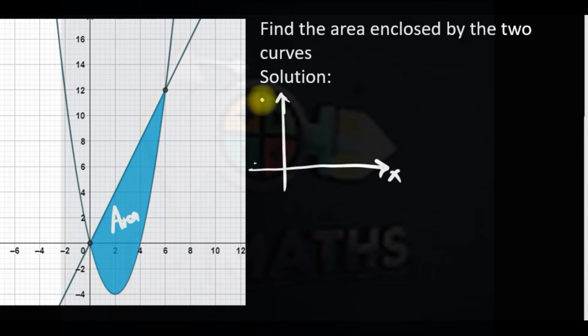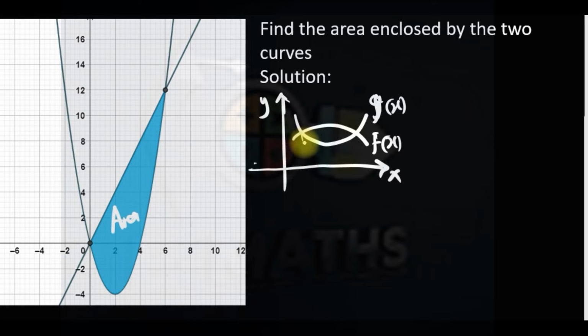On the xy-plane, you have the first curve maybe up, the other one down. So let's call this g of x, while this is f of x, assuming they intersect at a and b.